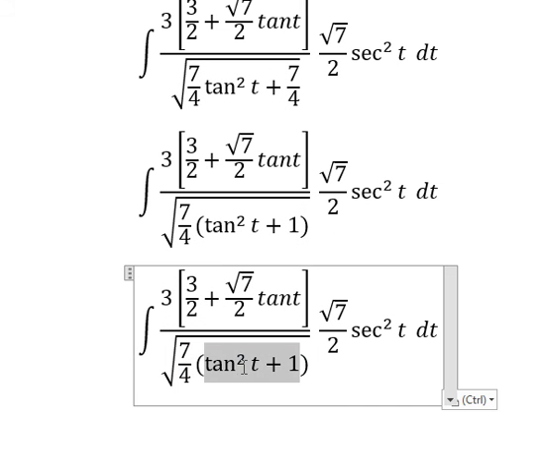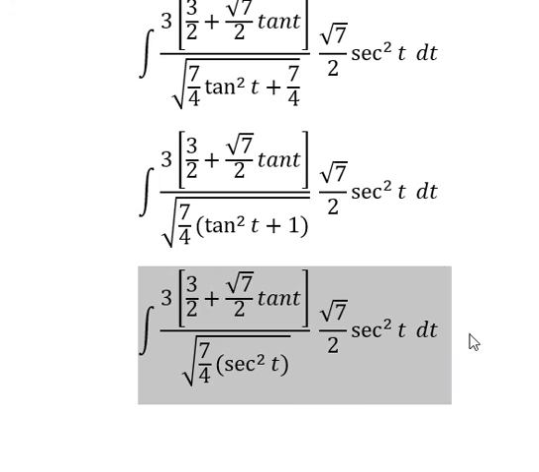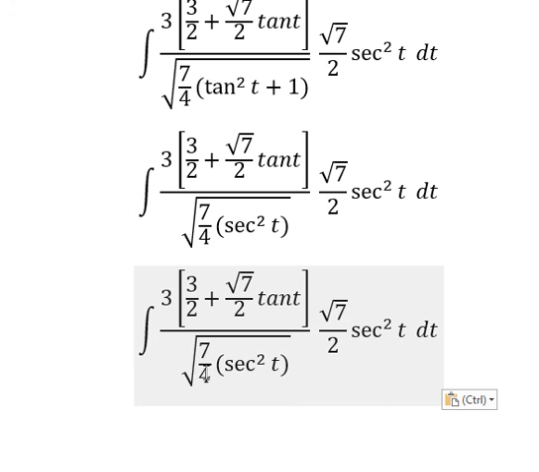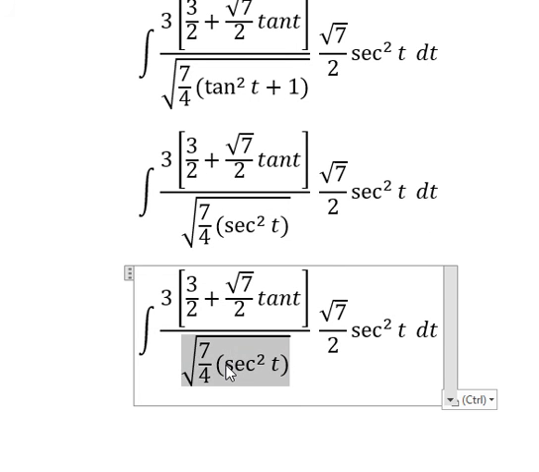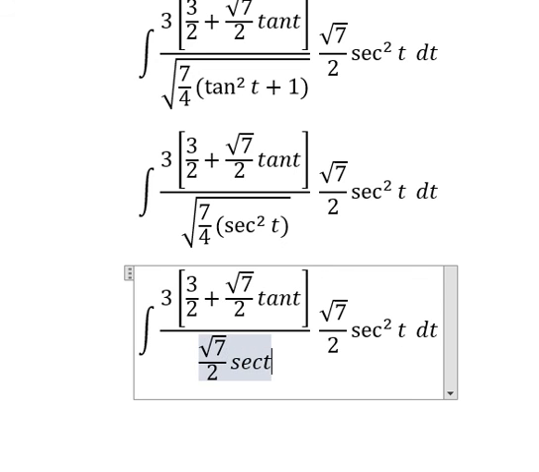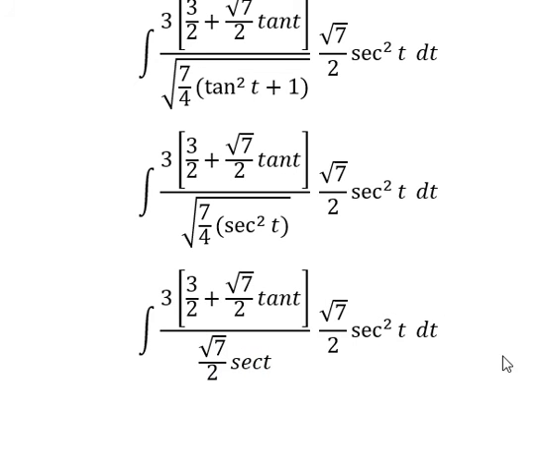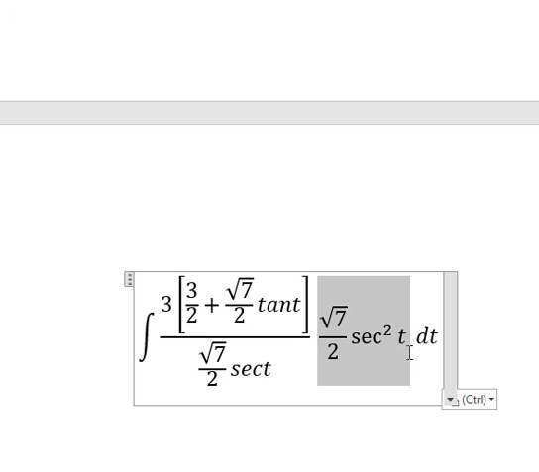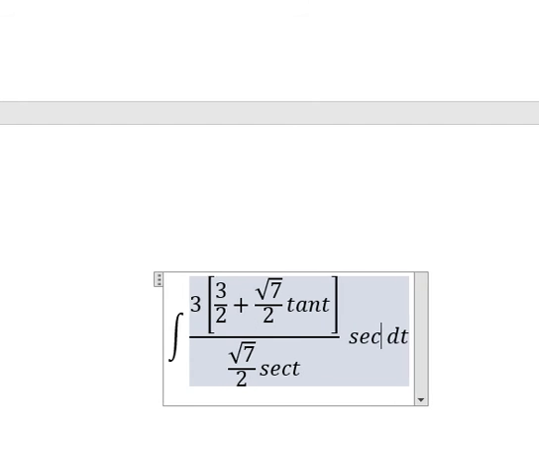So this one is secant of t squared. So the square root of this one is the square root of number 7 over number 2 secant of t. Later we simplify and you get secant of t in here.